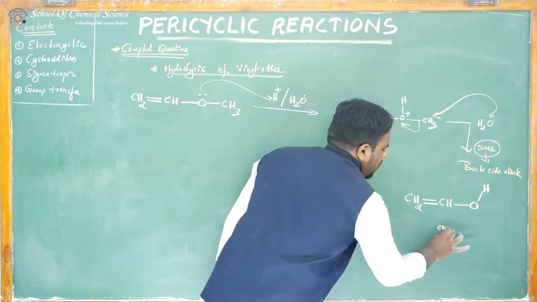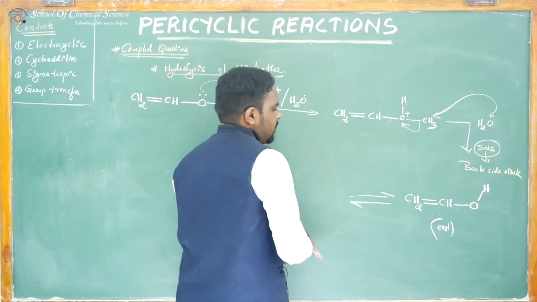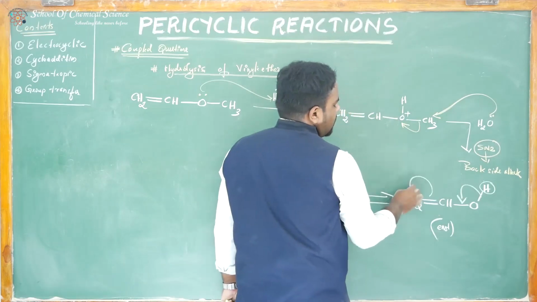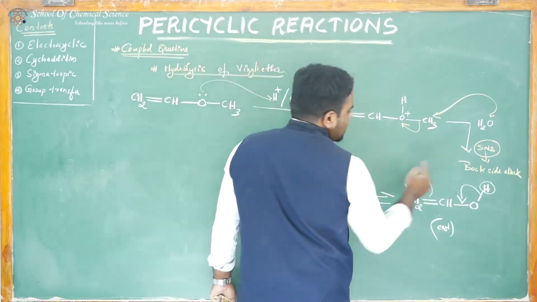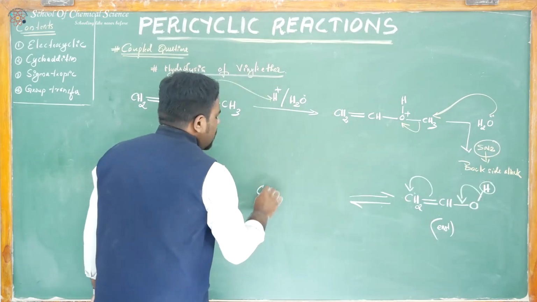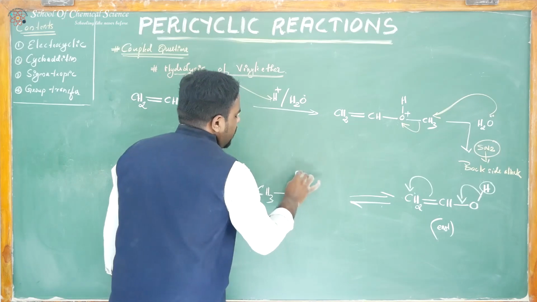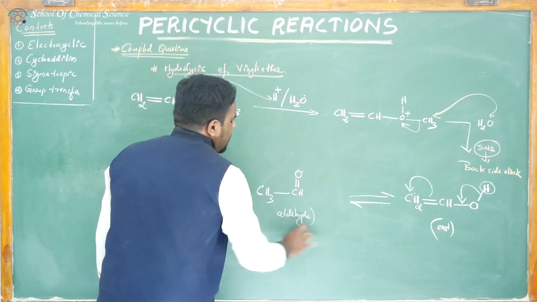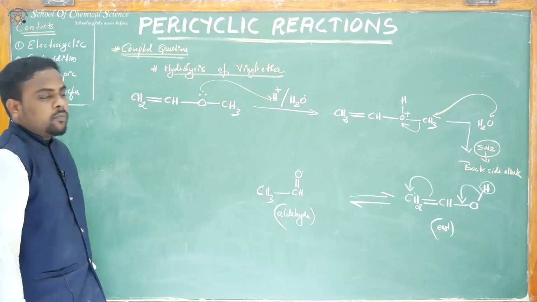This is an enol, and this will undergo tautomerism. Tautomerism means the OH sigma bond shifts towards this carbon, this towards this carbon. So this becomes CH2 minus, and catching that H plus also, you will get CH3CH double bond O. So an aldehyde or a carbonyl compound is formed.